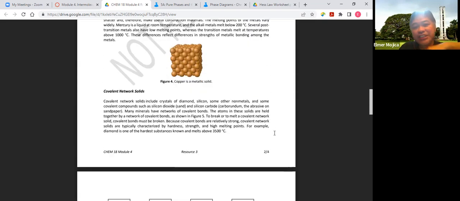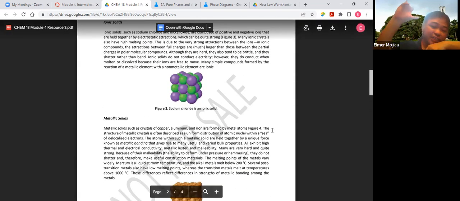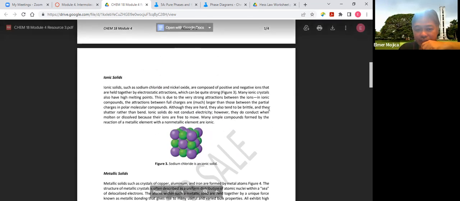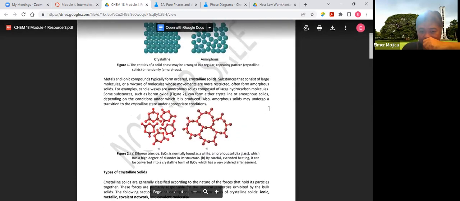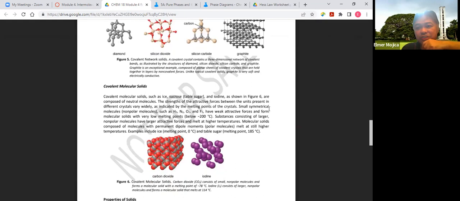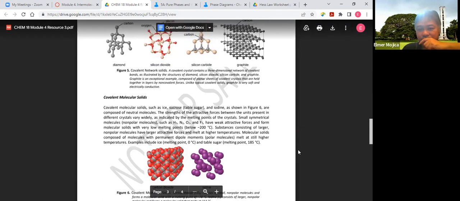Okay? So ano yung pwedeng itanong sa inyo dito? Ibibigyan kayo ng isang molecule or isang compound and you are asked, what type of solid is this? Okay? You look at my chapter 11 review session, review material and lecture about this one.